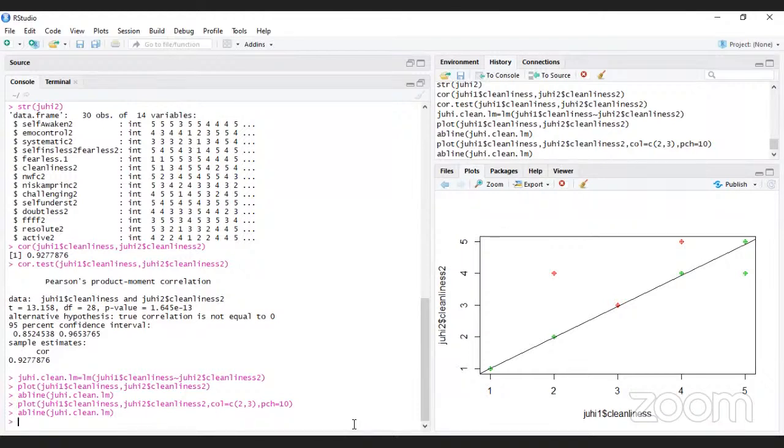For that reason, the regression line is this. Now, if I want to find out another variable, for example, instead of clean, I can use some other variable. I can use self-awakening.